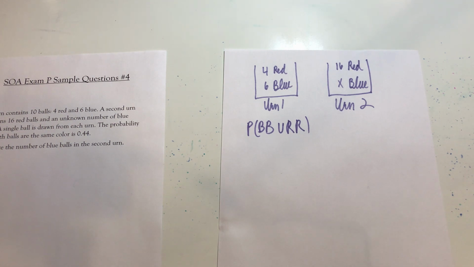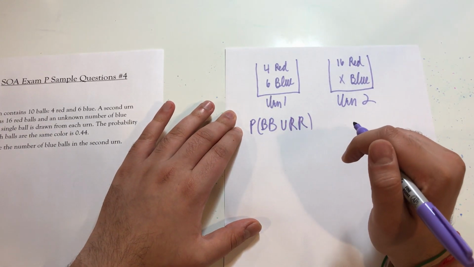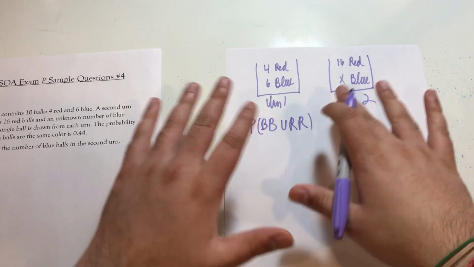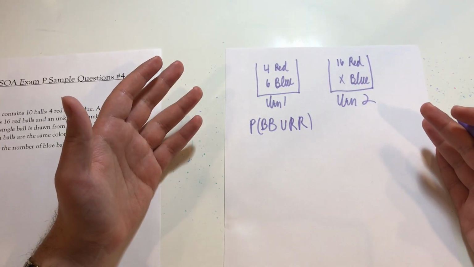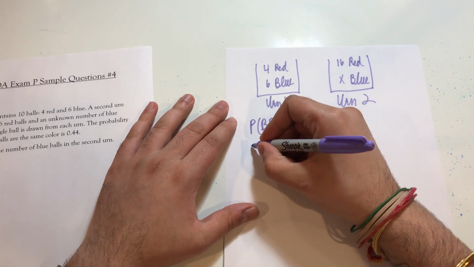So let's first write out the probability we draw a blue and then a blue. So the probability that we draw a blue ball from urn 1, right? And because they're independent, we can multiply them. I'm going to write this out a bit more expanded.